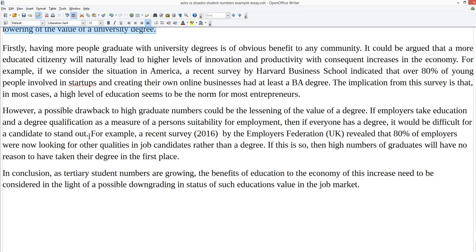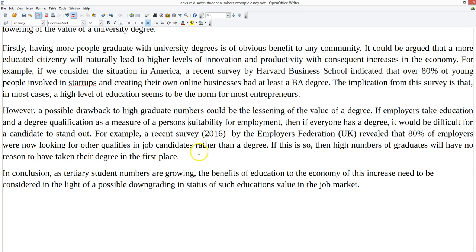So if a degree is a sign of high education, if everybody's got one, how can they choose if everybody has one? So, an example, a recent survey, 80% of employers were now looking for other qualities. If this is so, then high numbers of graduates will have no reason to have taken their degree in the first place.